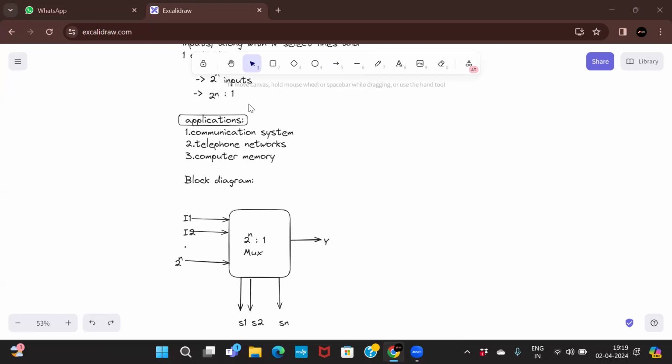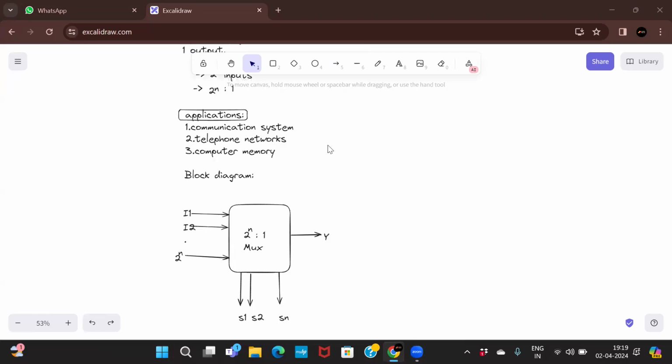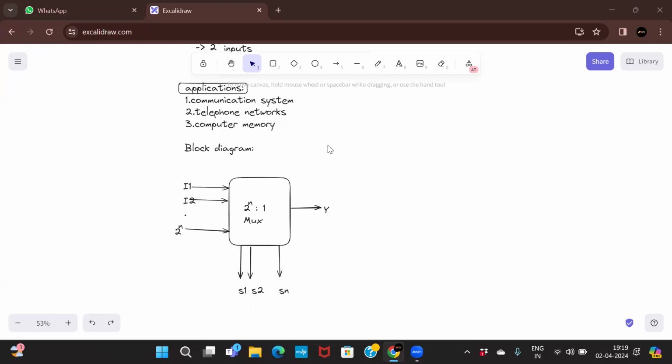Or suppose you have 4 speakers connected to one amplifier, so 4 inputs and one output. We use mux and demux for communication systems, telephone networks, and computer memory.